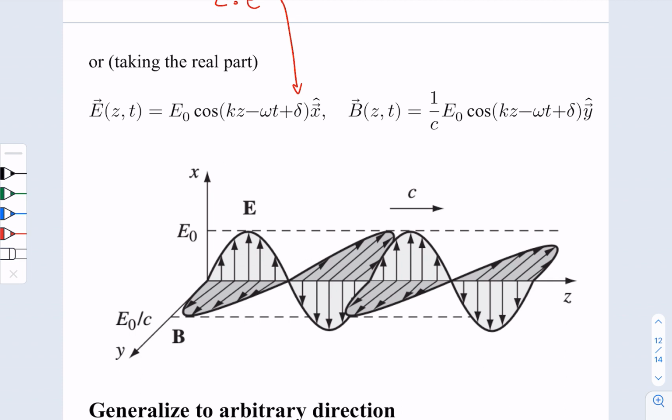So for this linearly polarized light, where the polarization vector is always fixed as the light propagates, the B field and the E field are in phase. That might not always be the case. The light does not simply take linear polarization along one fixed direction, but sometimes you can actually have circularly polarized light.